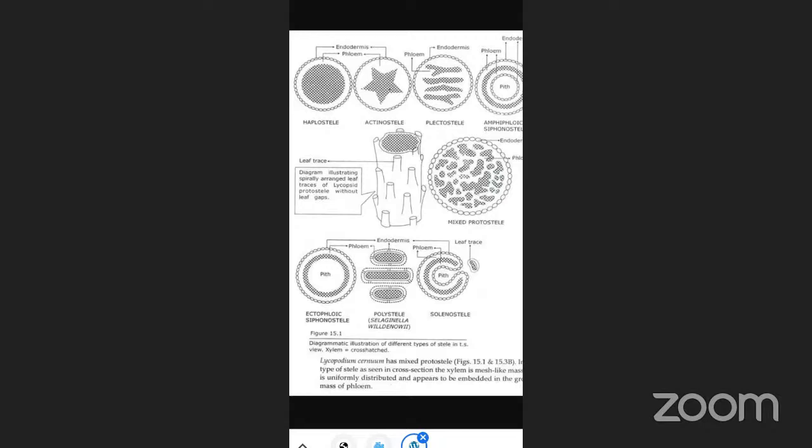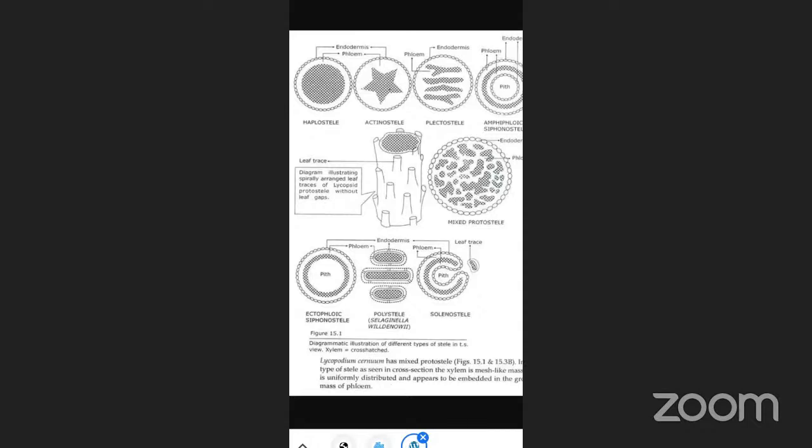The stelar theory holds that the body of the stem or root looks alike, with the basic structure being a central cylinder, the stele, surrounded by the cortex. Yesterday we discussed that the central core is surrounded by the cortex, and the epidermis is there.